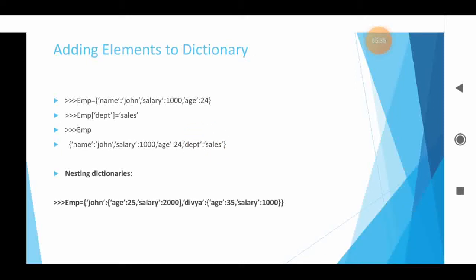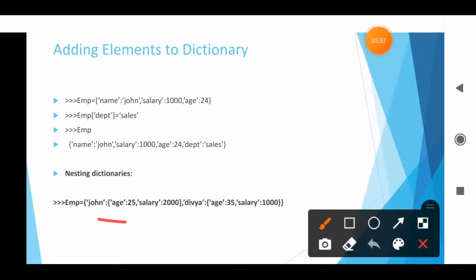The next thing is nesting dictionaries. You know about nesting: nesting a list inside a list. Similarly, inside a dictionary we can create another dictionary, which is called a nested dictionary. emp equal to John, age 25, salary 2000.